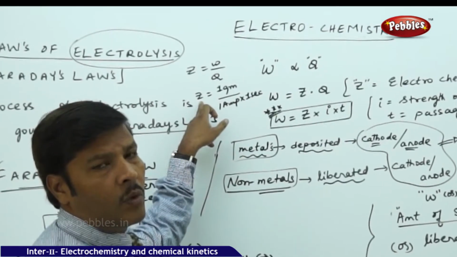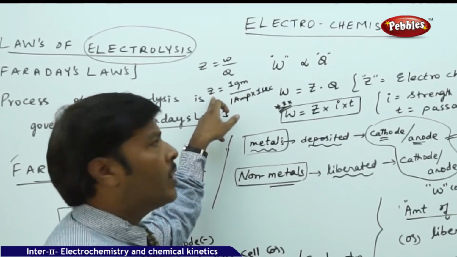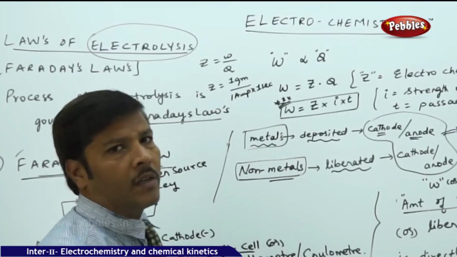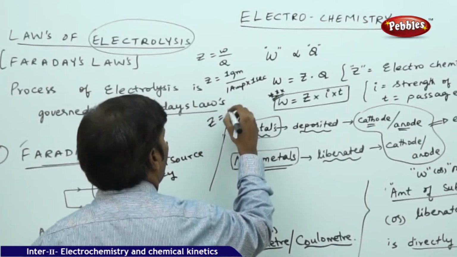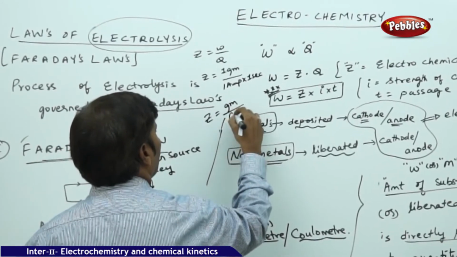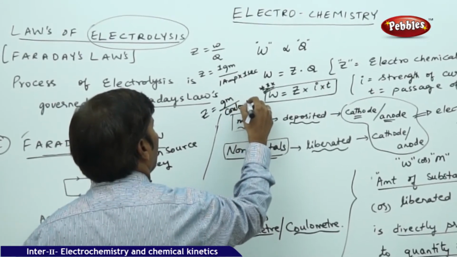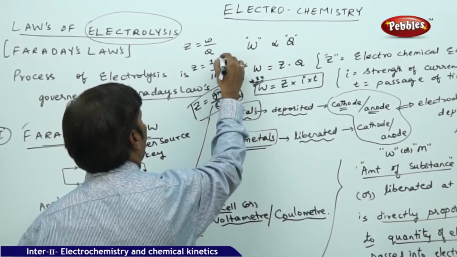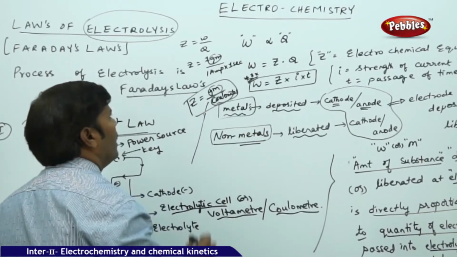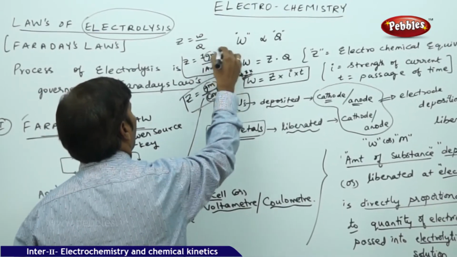Then the electrochemical equivalent of that electrolyte is equal to 1 gram per ampere second, or simply Z is equal to gram per coulomb, because charge is expressed in coulombs. So either you can take gram per coulomb as a unit, or gram per ampere second, as the unit for the electrochemical equivalent.